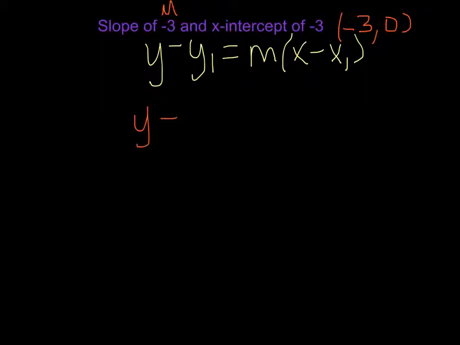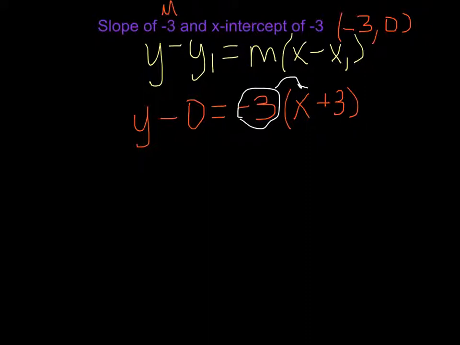y minus y1, which is 0, is equal to our slope, which is negative 3, times x minus our x1, which is negative 3, so plus 3. Now we will distribute. y, and we don't need to write minus 0 again.